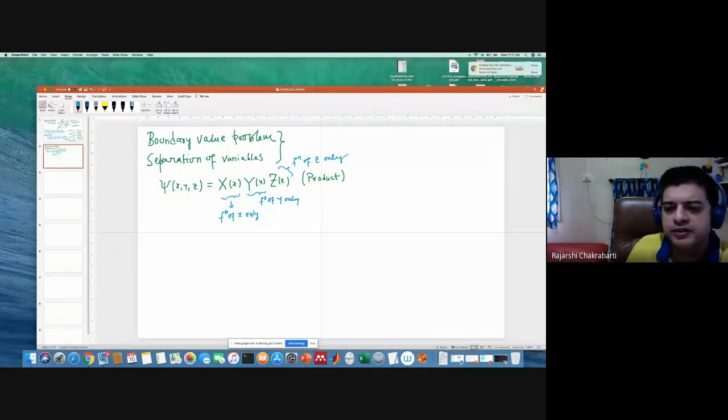If I adopt this scheme, then my life becomes quite easy, because if I take this and put it back in my Schrodinger equation, you will see that I can rearrange and write it like this.